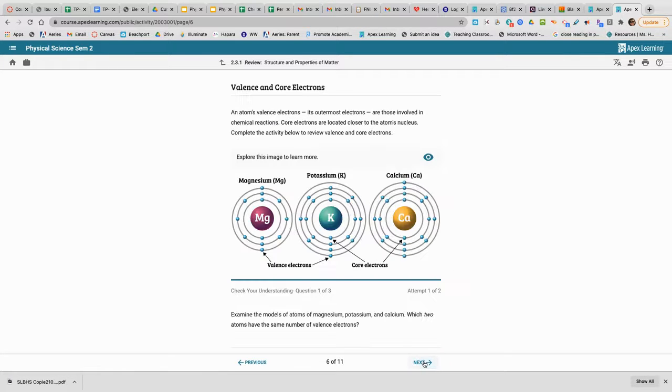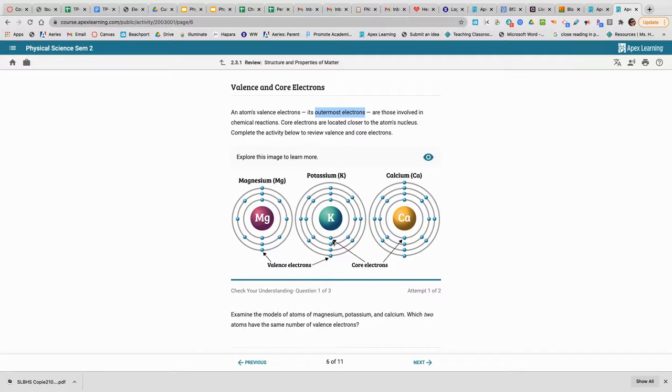Okay? Then you learned a little bit about valence and core electrons. So basically, the word valence means outermost electron, whichever shell that might be in. Okay, so for example, in magnesium, the valence electron is in the 1, 2, 3rd shell.